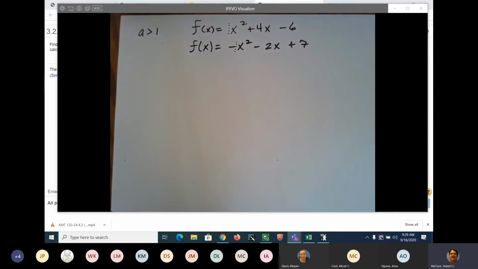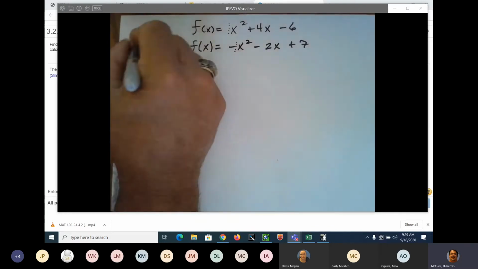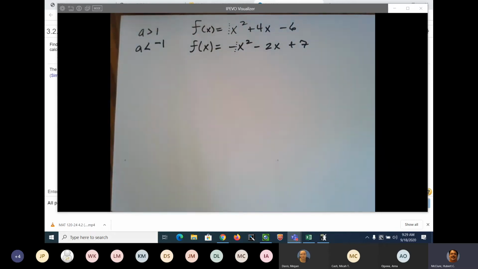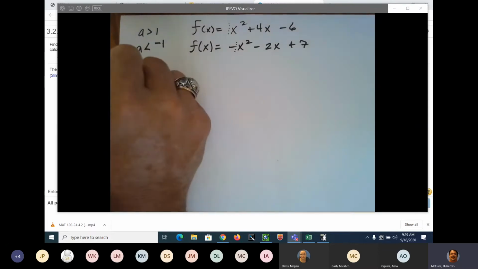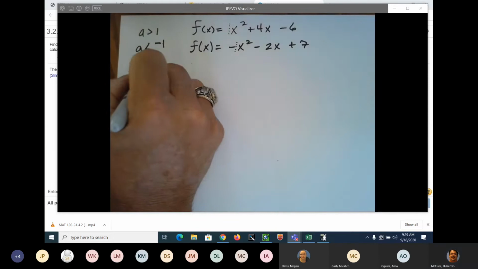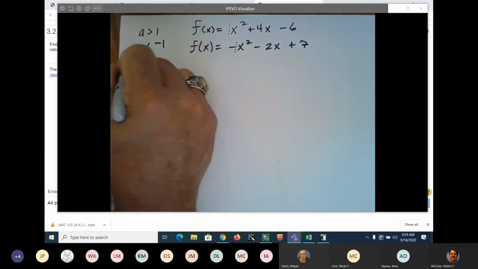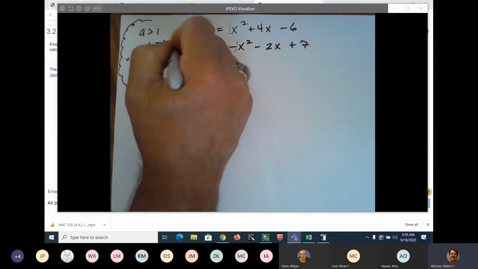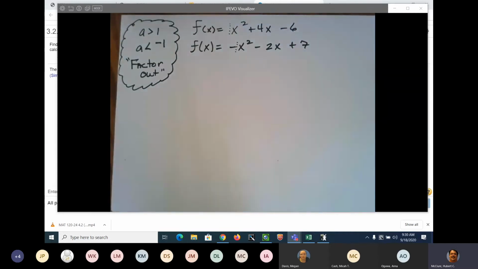What happens if a is greater than 1 or a is less than negative 1? In other words, what do you do? Well, you have to factor out. So if you have a negative 2 or a positive 4 or a negative 3 and a positive 2 in front of this, then you have to factor it out.